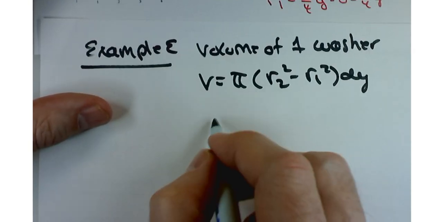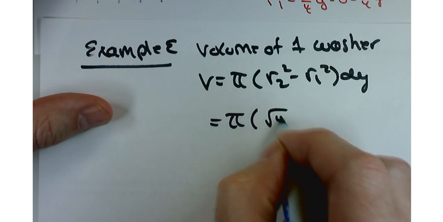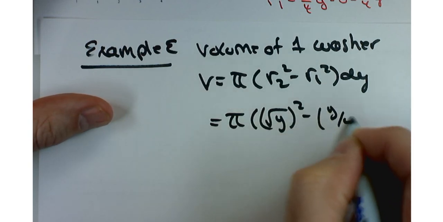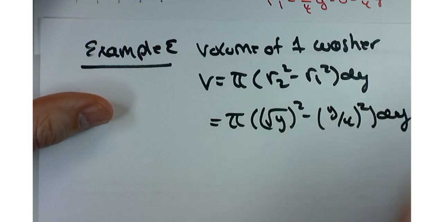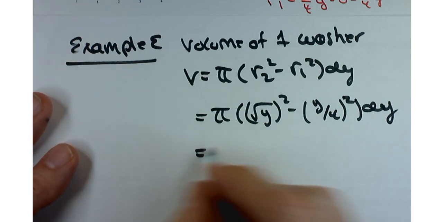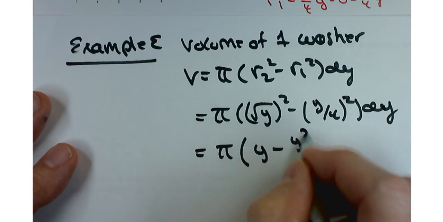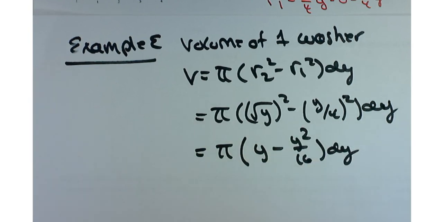R2 is going to be the square root of y, squared, minus y over 4 squared, again times dy. And it's not a bad idea to simplify this. That's going to be pi times y minus y squared over 16 dy. Whew. Deep breath.